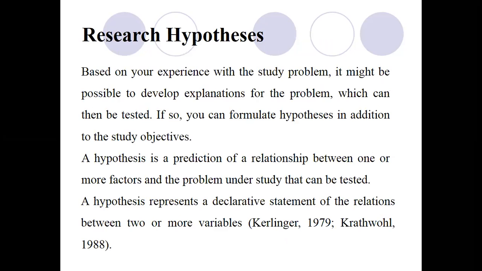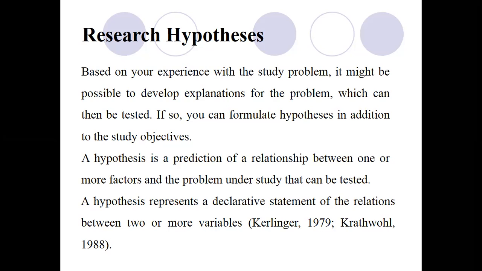So research hypothesis is another important section. In actual, all the sections have their own importance. After the problem statement, we have the research hypothesis. If you guys remember, what is a hypothesis? In a hypothesis, we have two sides of the coin, you can say, and we have to work on the hypothesis. Based on the experience of the study problem, it might be possible to develop explanations for the problem, which can then be tested.